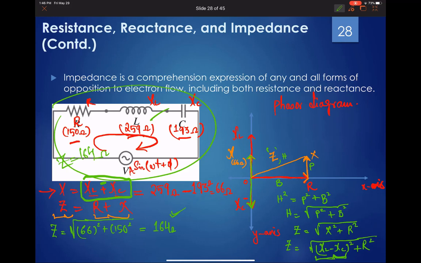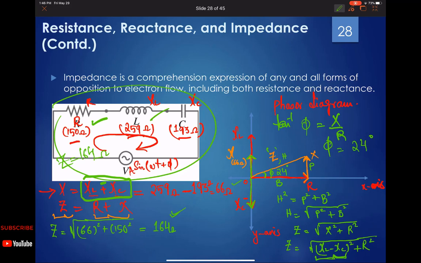That means current is going to lag voltage, and if you want to find the angle by which it lags, which is phi, the equation is phi equals arctangent of X over R. If you plug in the values, X was 66 ohms and R was 150 ohms, you should get 24 degrees. So the current lags voltage by 24 degrees.